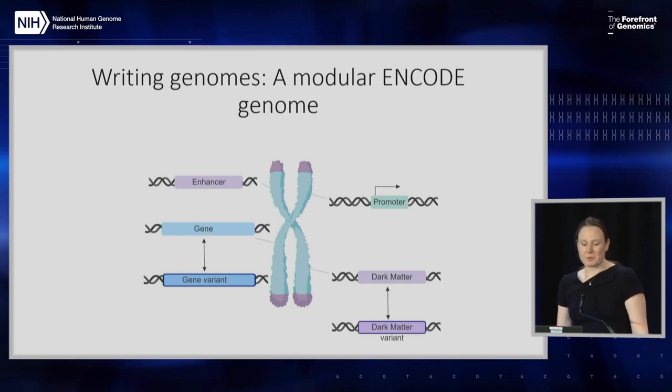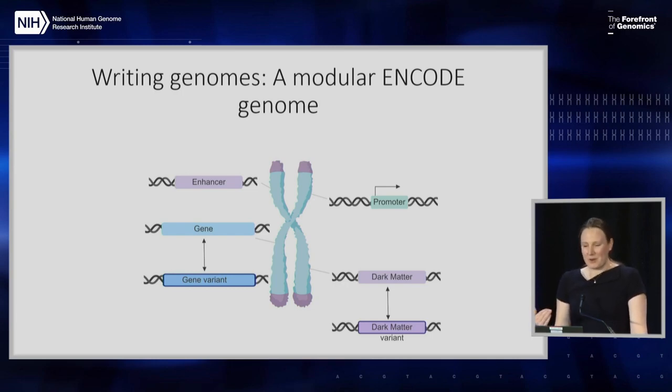So for example, could you build a chromosome in which every ENCODE annotated element can be switched out at ease? So you could switch out a gene for a different gene variant, some elusive element we don't yet understand, some transposable element, dark matter for another dark matter variant.